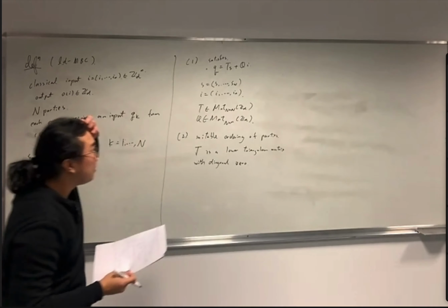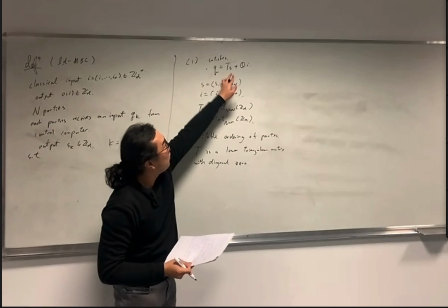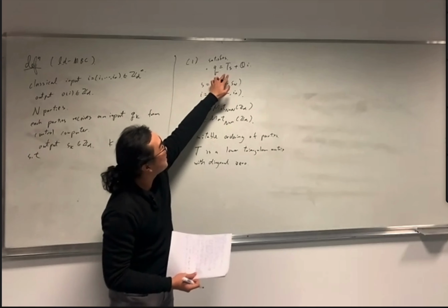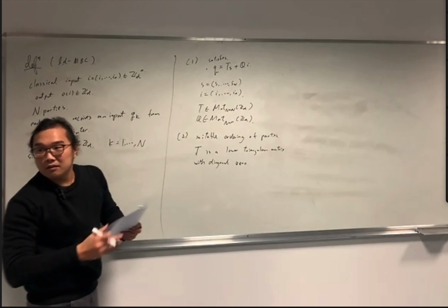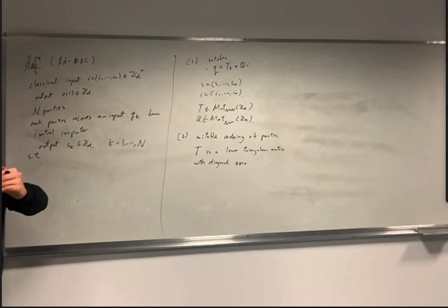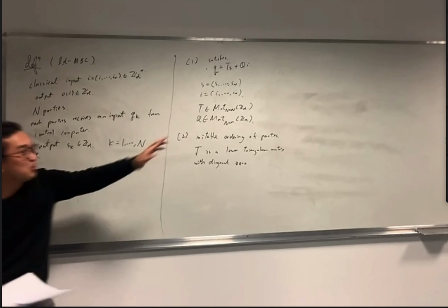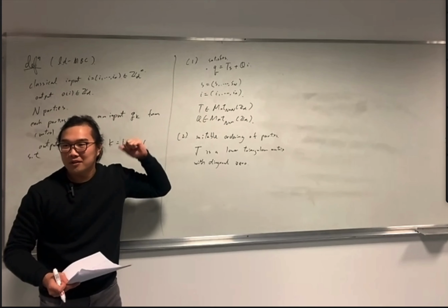Yeah, so as I said, by ordering the parties in a nice way, this T will be a lower triangular matrix. So for example, Q2 can depend on the outcome for the first particle and a certain relation for the input I.